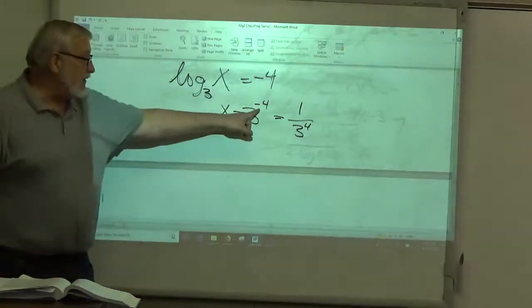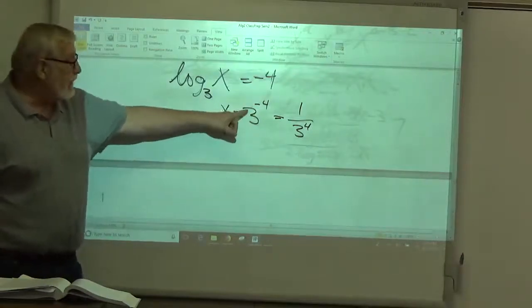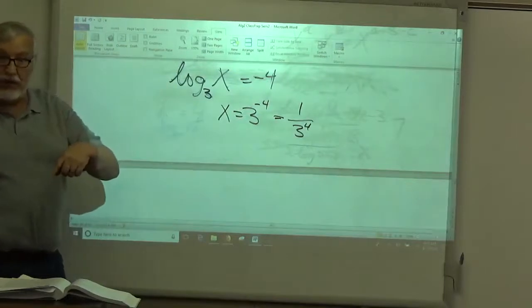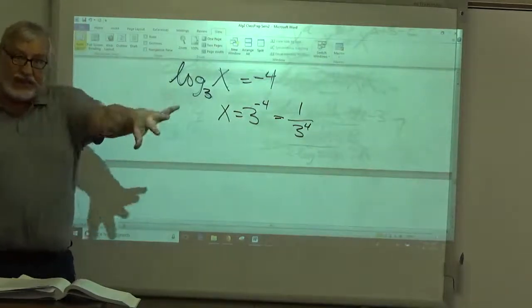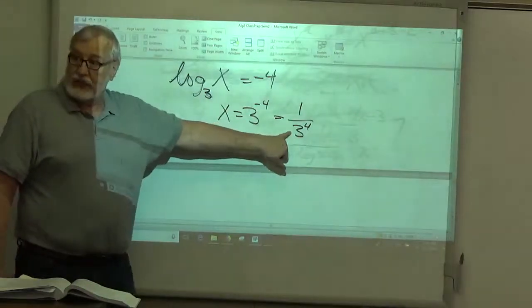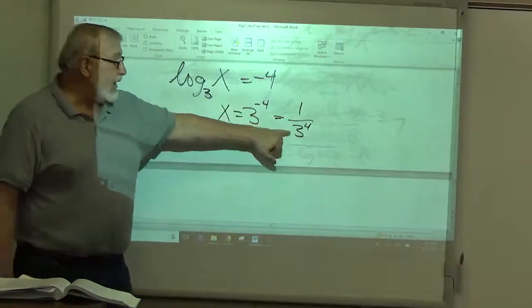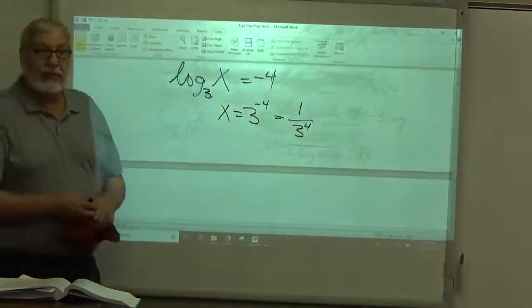But the key to this is understanding that after you get it in exponent form, before you start doing the work, because 1 over 81 is a decimal, and the calculator will give you a decimal, but you want this number as a whole number, if possible. So therefore, you take it to the bottom of the fraction. Okay.